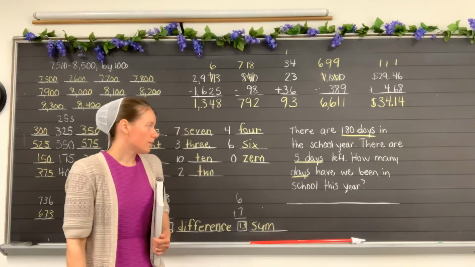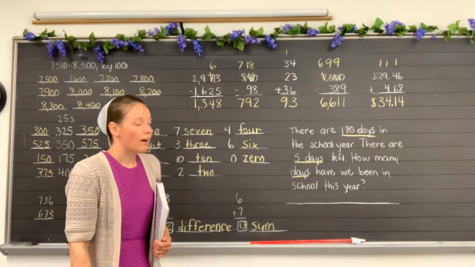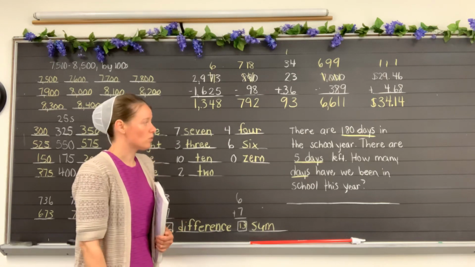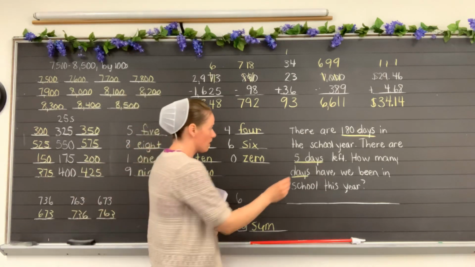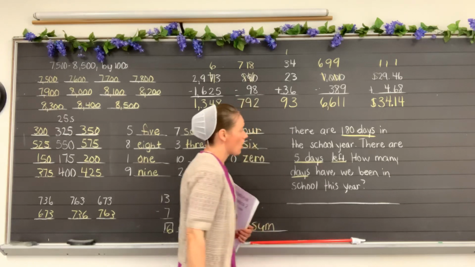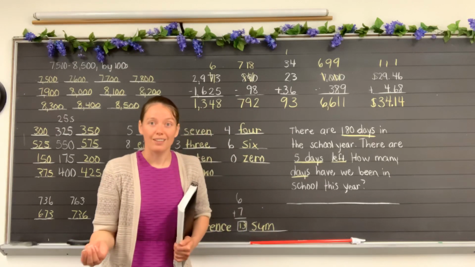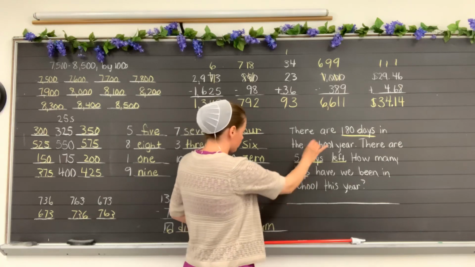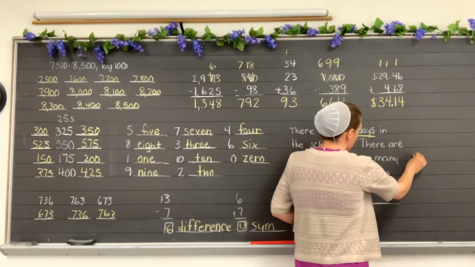Okay, this one does not really have a key word that tells us exactly if we're supposed to subtract. Actually, yes it does. It has left right here. Okay, so left, that tells us that we're supposed to subtract. So we have 180 minus 5.